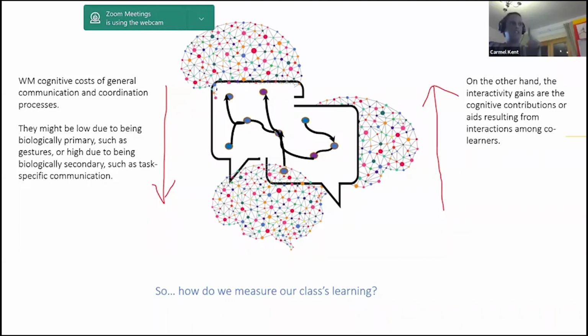On the other hand, on the right side of the slide, we gain so much from the interactivity. We gain so much from the responsiveness, from the knowledge that is built one on top of the other.